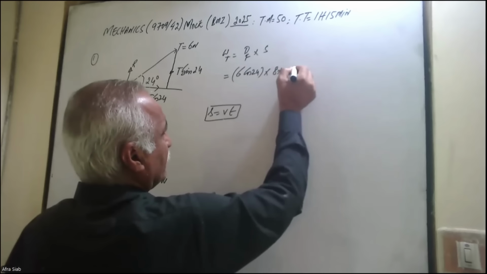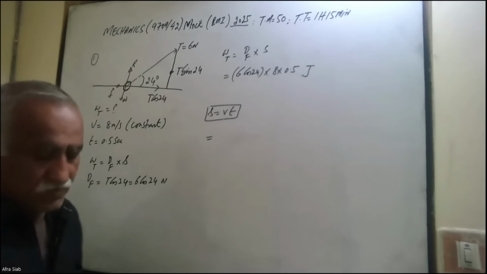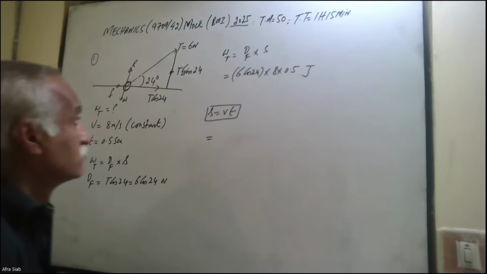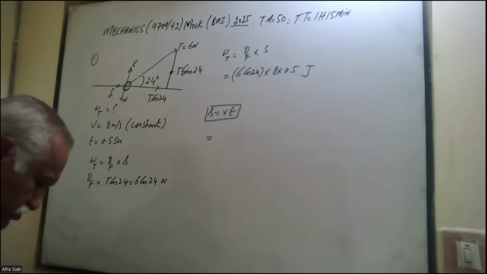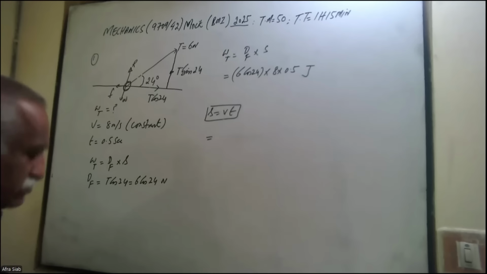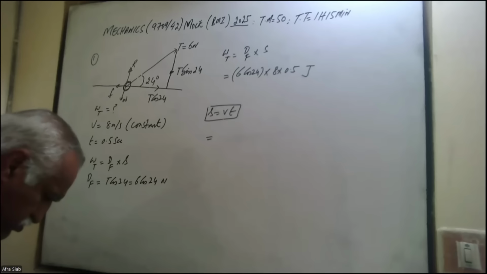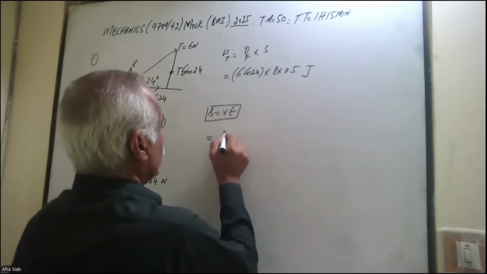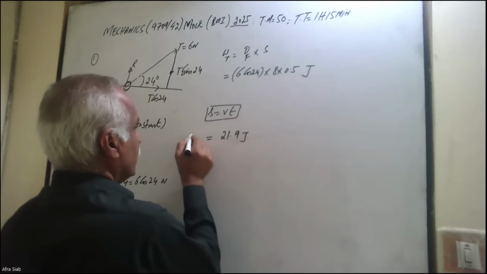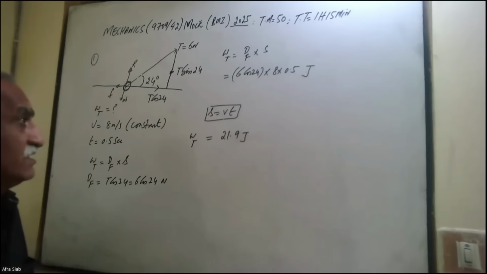So the total work done will be in joules, and that value is equal to 21.9 joules. That is the work done due to the tension of the string.